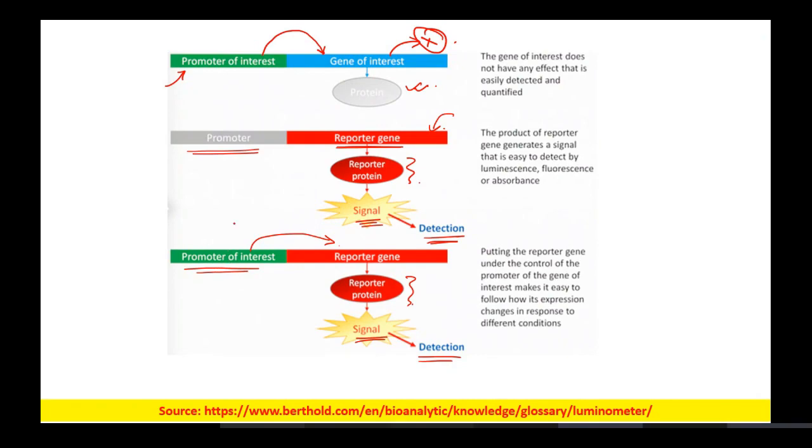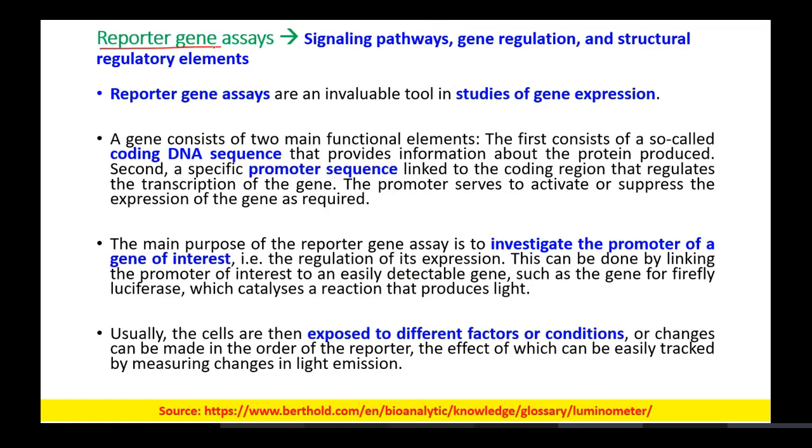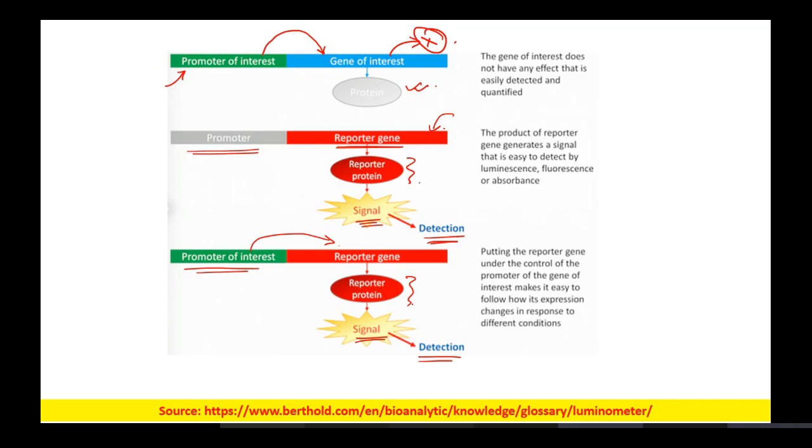Now, as we said, in the reporter gene assay, we are not talking about the activity of the reporter gene. In fact, we are interested in the activity of the promoter through this reporter gene.